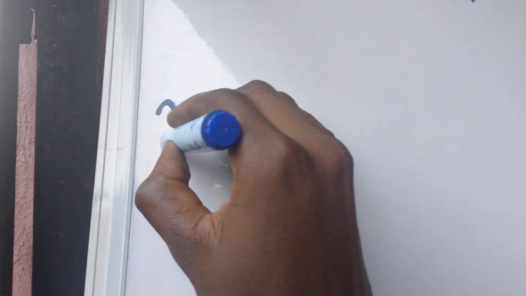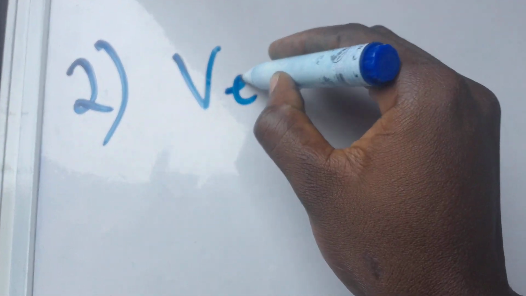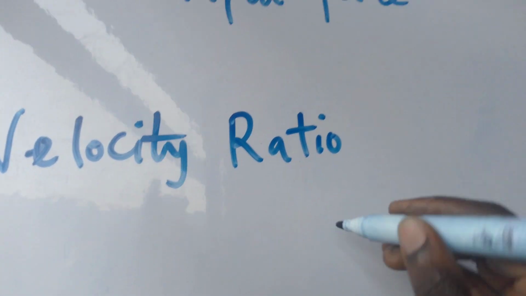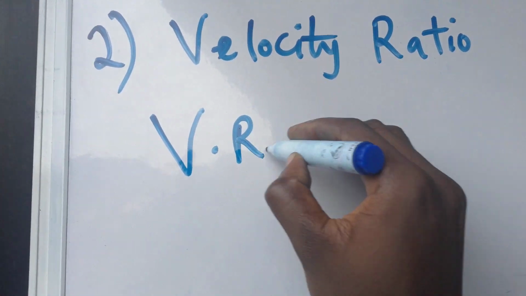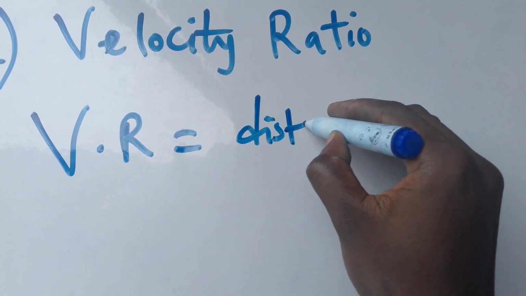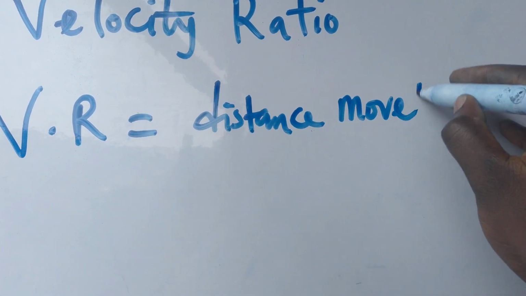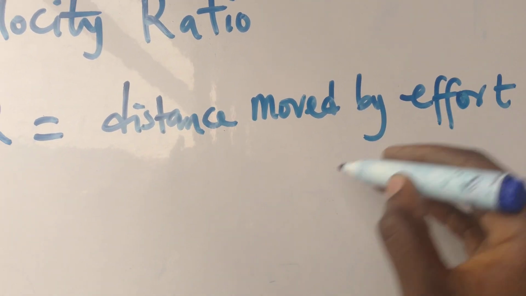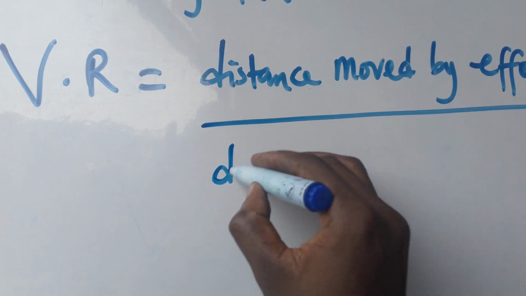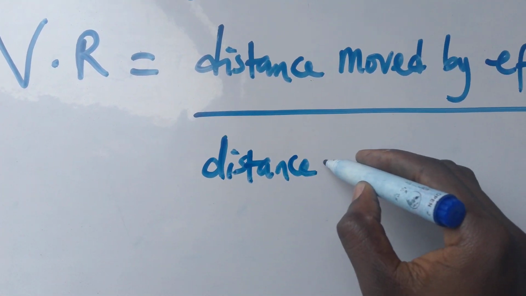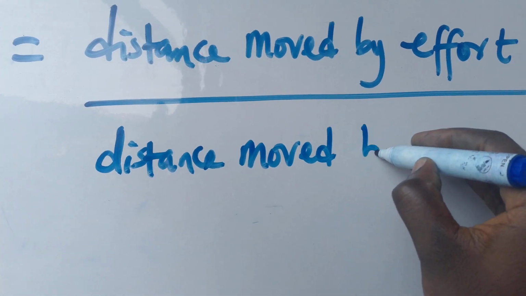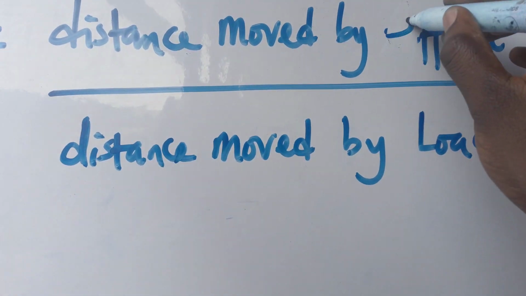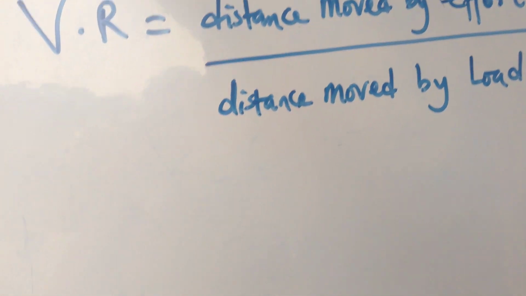The second thing we'll consider is velocity ratio. The velocity ratio of a machine is equal to the distance moved by effort over the distance moved by load.